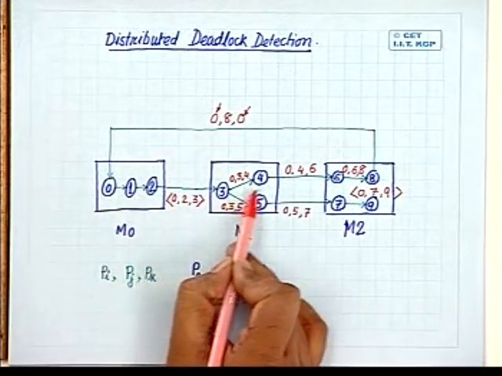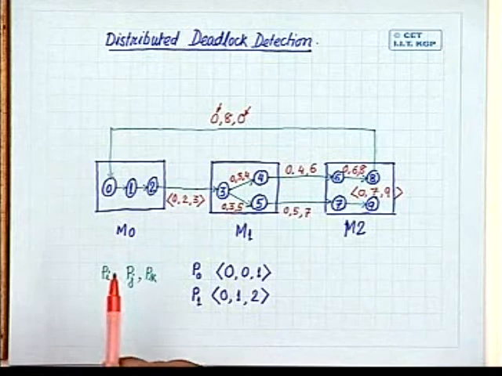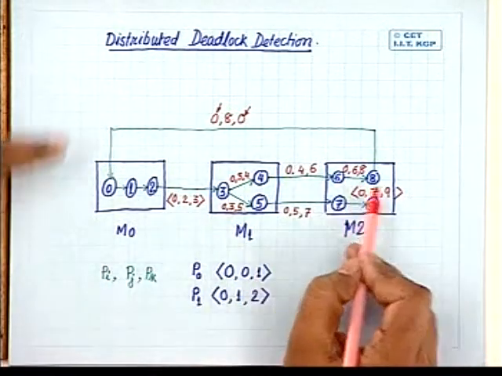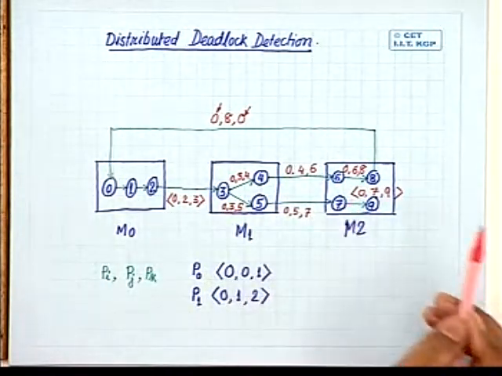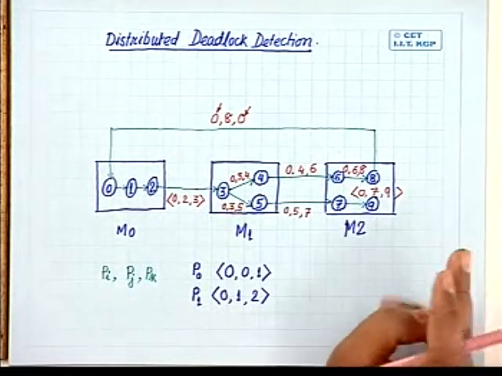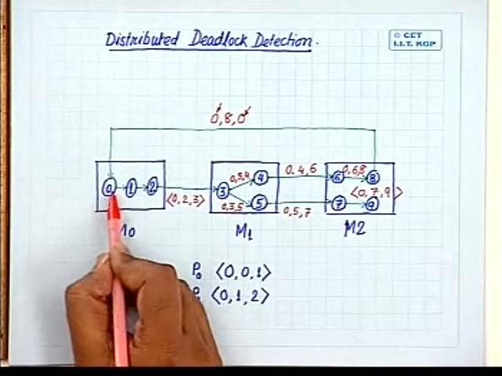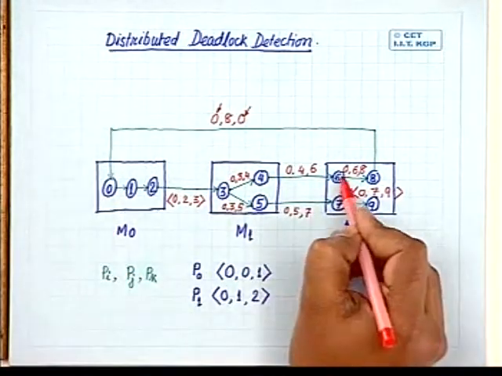Consider a situation where, in the same cycle, two processes are blocked simultaneously, because all of them are independent processes running on different machines. So it is quite possible that more than one process can be blocked simultaneously. Suppose process 0 is blocked, and at the same time process 6 is also blocked.